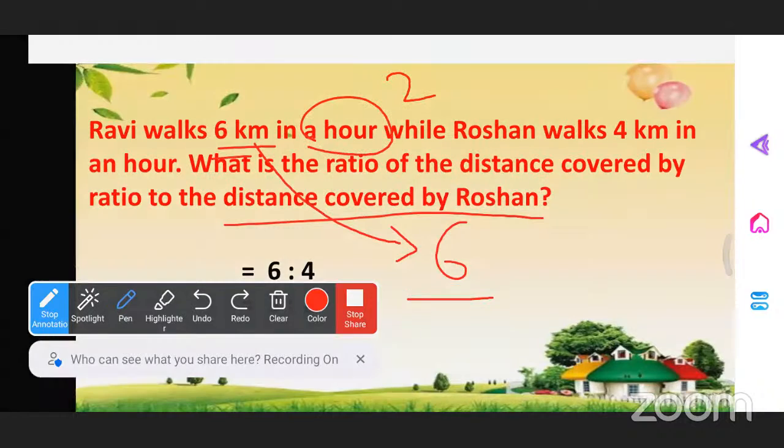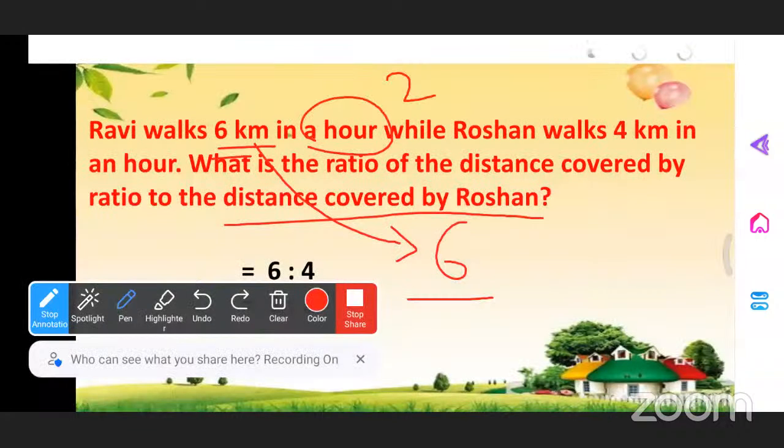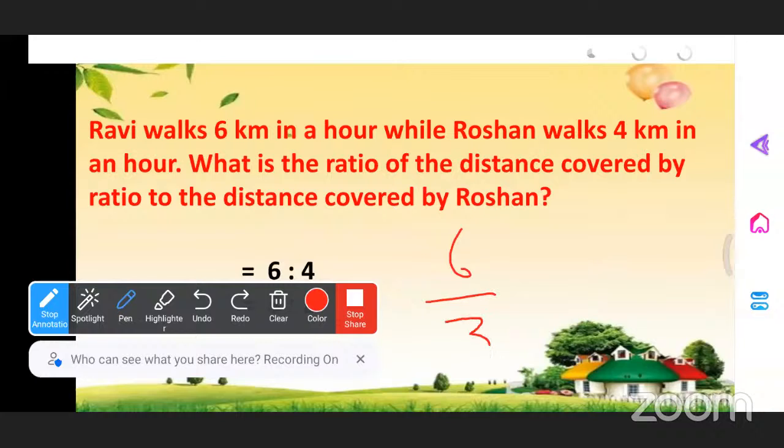So that means I multiply 2. The total hours is 3, so I divide by the total hours. So just simplify the step. So here 6 into 2, 12 divided by 3.